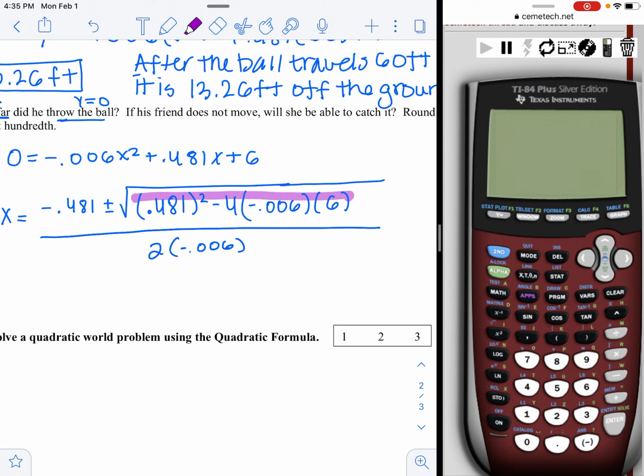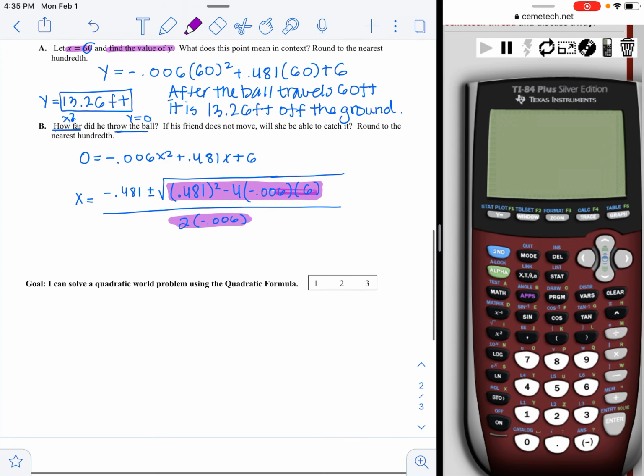Now remember, when all these decimals are in here, I'm going to go ahead and put everything underneath in my calculator, so I can get 2 new numbers there.